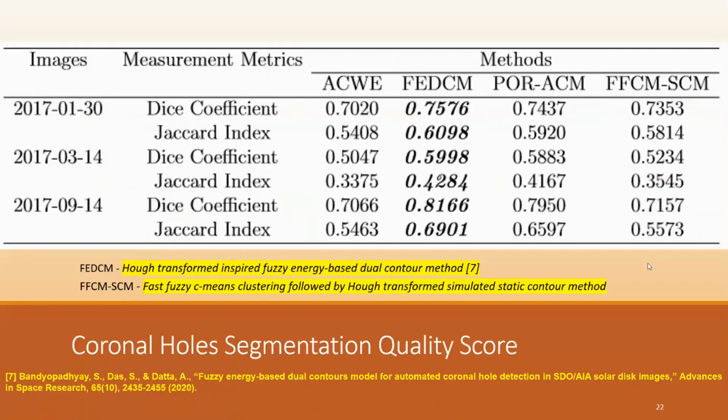Okay, so if we can see, actually what we want when we develop an algorithm is that it should give 100% accuracy. But unfortunately in our case, none of the algorithms has reached 100% accuracy in detecting this coronal hole. But you can see this method has a little bit higher accuracy compared to the other existing algorithms.